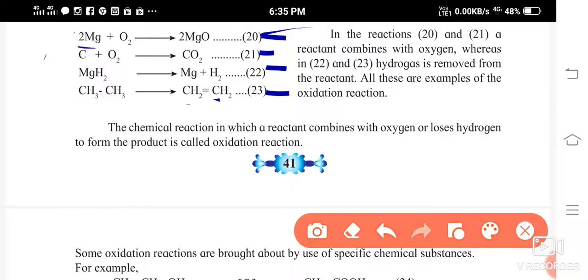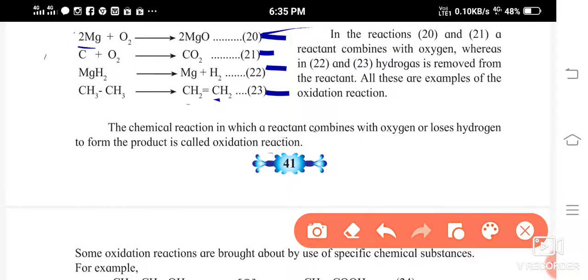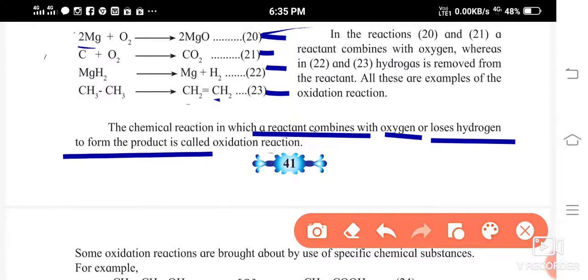Now this is very important, the definition: the chemical reaction in which a reactant combines with oxygen or loses hydrogen to form a product is called an oxidation reaction.